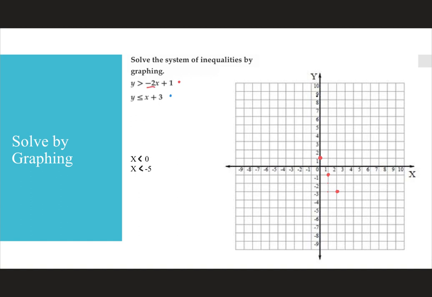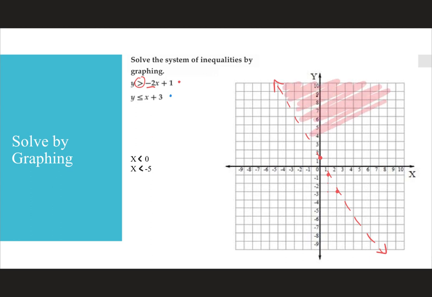Now this is a greater than symbol, which means I have a dotted line. With systems of inequalities, it's good to have a line that goes all the way across your graph. That way it's very clear where the shading is. And in this case, since y is greater than my equation, I'm going to shade above.